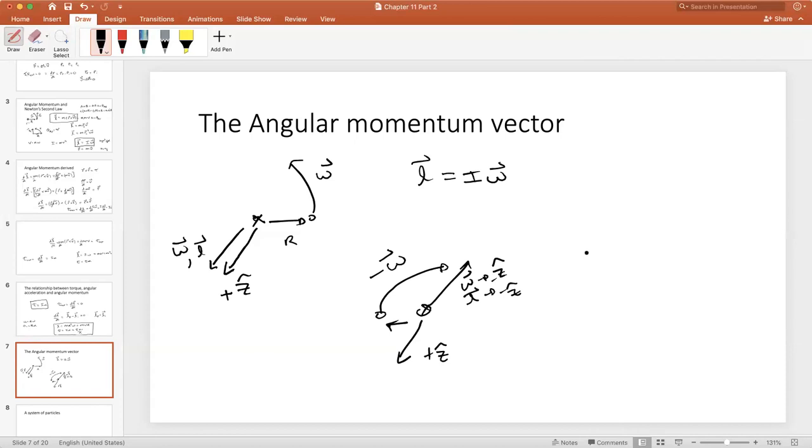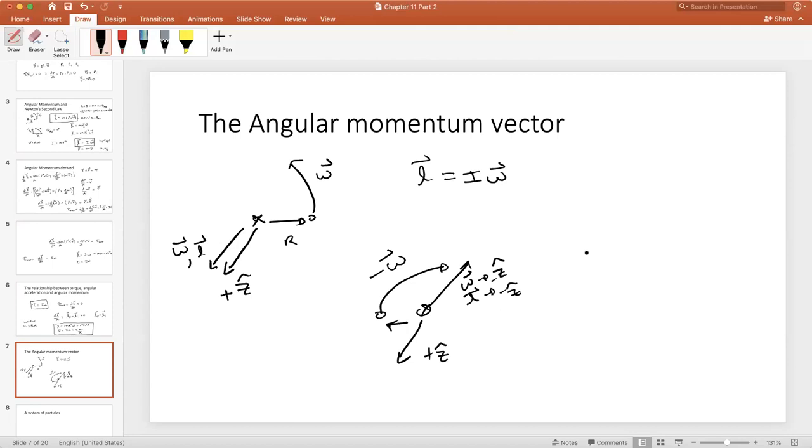What I'm trying to get at here is that the angular momentum vector is a pseudovector, much like when we discussed the angular velocity vector. The angular momentum vector points in the same direction as the angular velocity vector, not the same direction as the angular acceleration, the same direction as the instantaneous angular velocity vector. And that depends on where your frame of reference is.